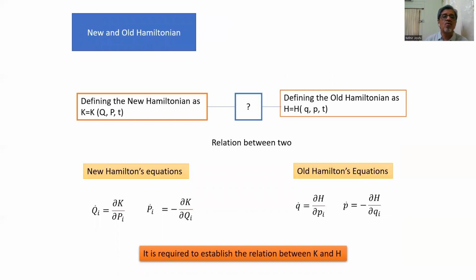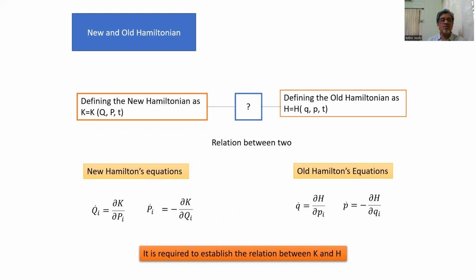Now, the new and old Hamiltonian. We define the new Hamiltonian as capital K, a function of capital Q, capital P, and t, and the old Hamiltonian as H of small q, small p, and t. What is the relationship between the two? We have to establish a relationship between the two.